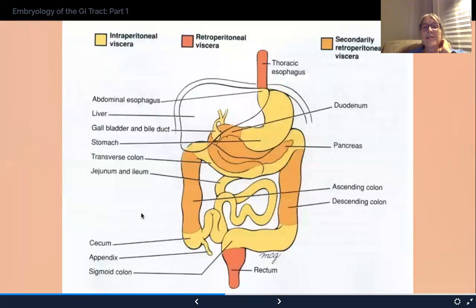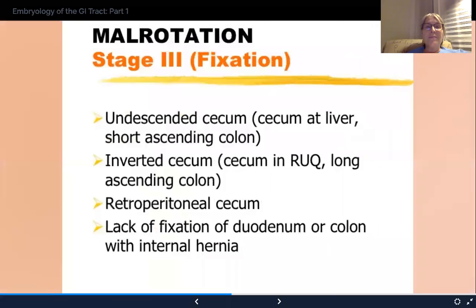So this is the final stage of fixation. And remember, we talked in another video about the pancreas, but the two sides of the colon are fixed to the retroperitoneum. You're fixed pretty much at the terminal ileum and the ligament of Treitz. What can go wrong in this third stage? Well, you can actually have an undescended cecum, so that instead of that last little bit of rotation that puts it down, it'll be up by the liver.